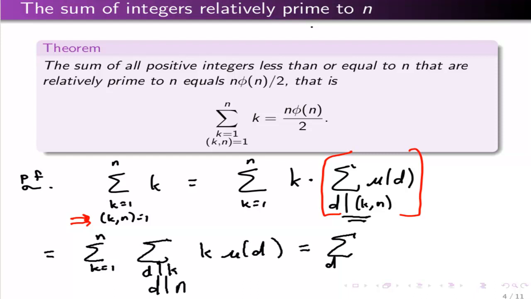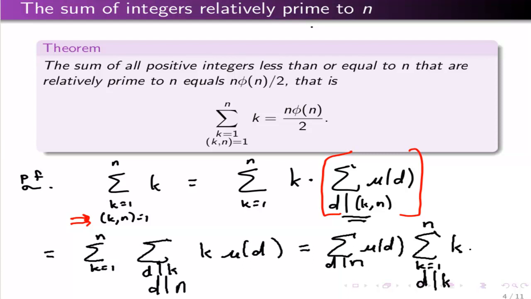So D ultimately is just running through divisors of N. And then we have this quantity mu of D that depends on D. And then K is going from 1 to N, but it has another constraint that D must be a divisor of K. And the term depends on K like this.